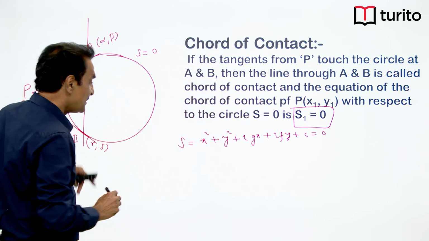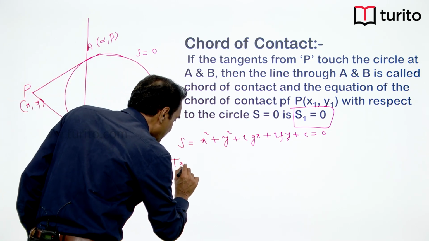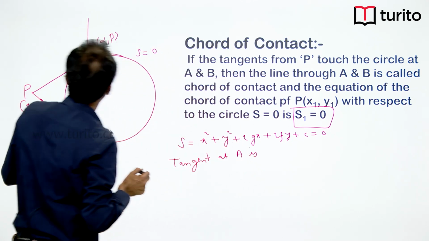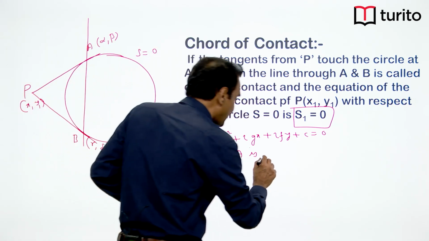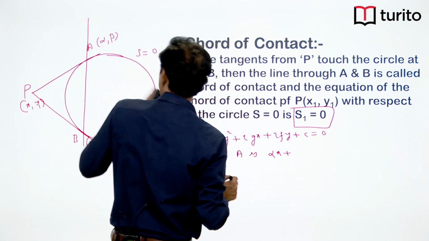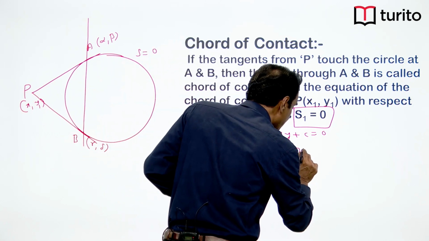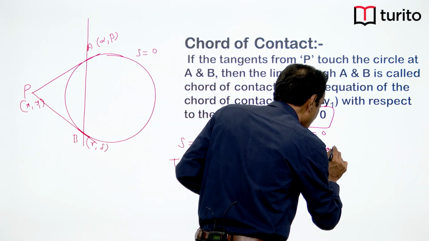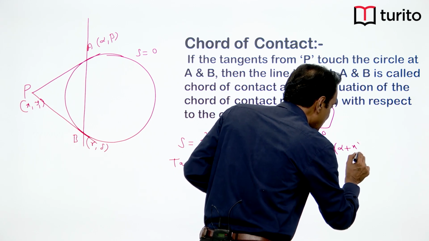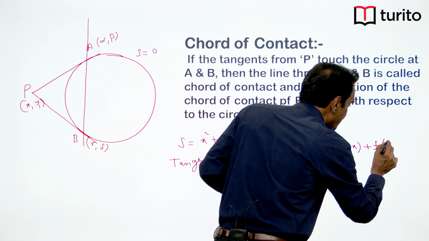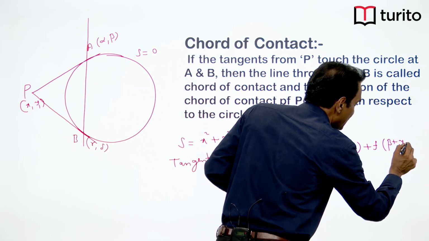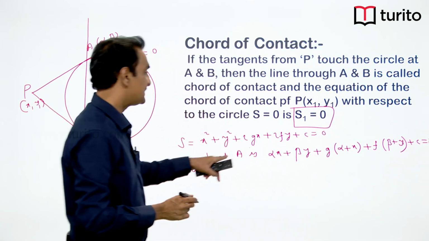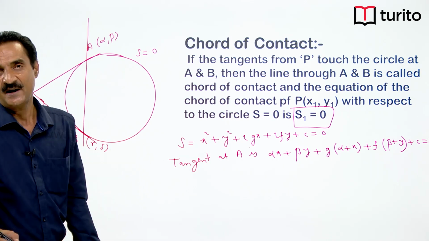So the equation of the tangent at A is alpha x plus beta y plus g into alpha plus x plus f into beta plus y plus c is equal to 0. This is the equation of the tangent at point A.